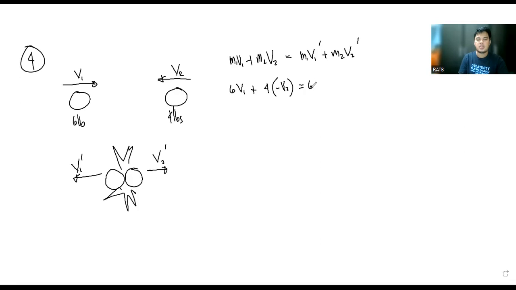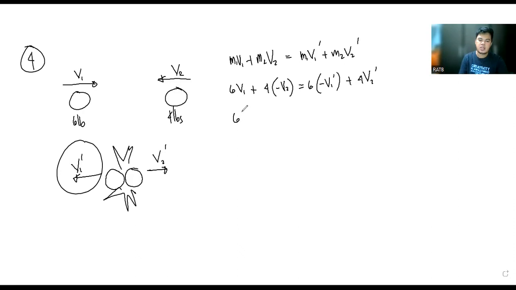So you have the 6, and since V1 is reversed, that's negative V1 prime, plus 4 times V2 prime. That will remain positive because it is traveling to the right. Now we can substitute the given.